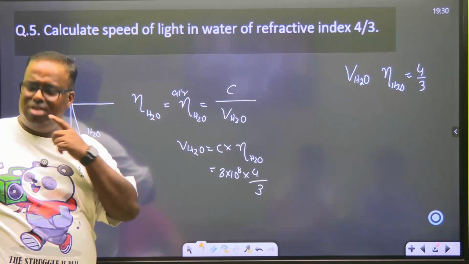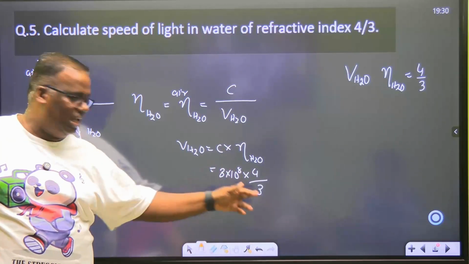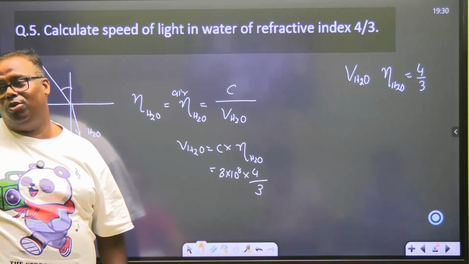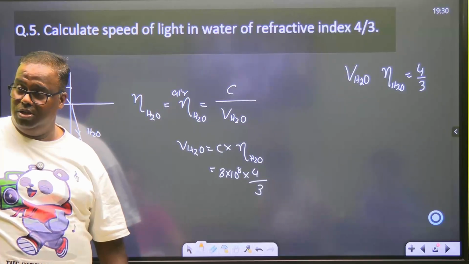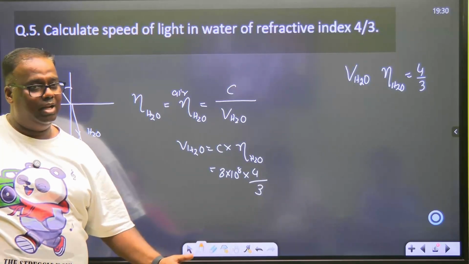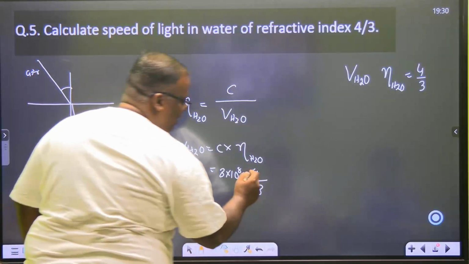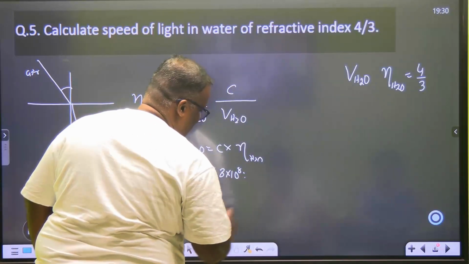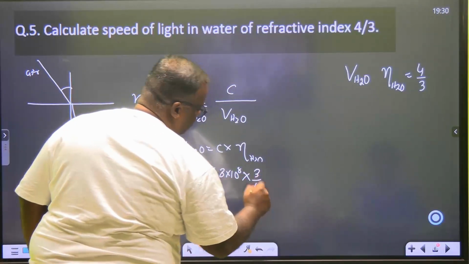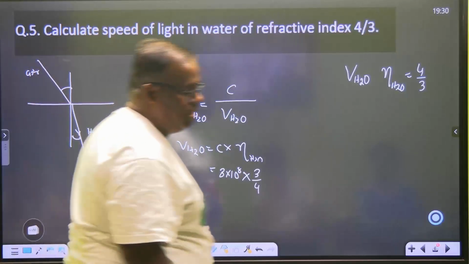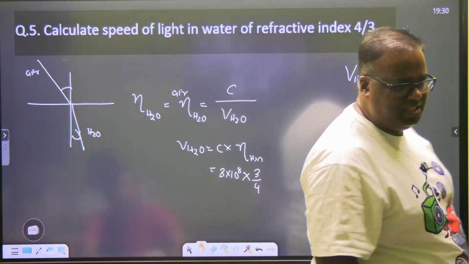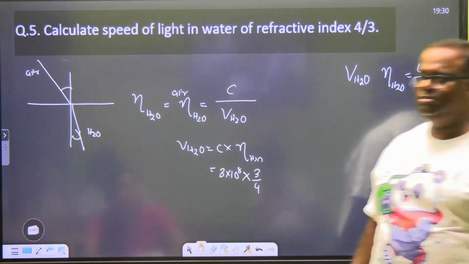But how to understand? If I have written it wrong, 3 cancels 3. What is the speed of light in water? 4 into 10 to the power 8, is this possible? Light is fastest in air. So that is where we are going wrong. So this should have been 3/4. Easy so far. Okay, let's go.